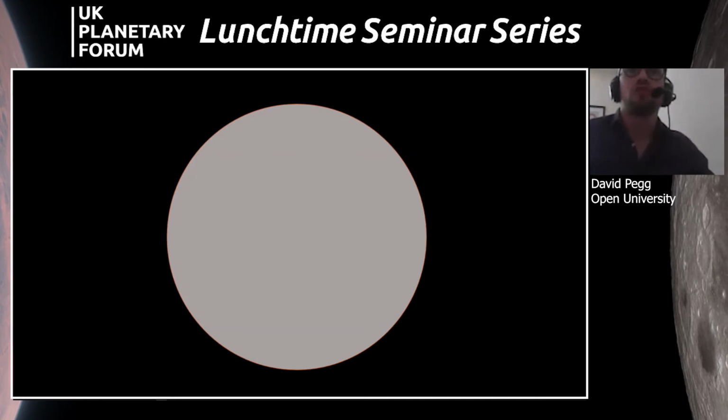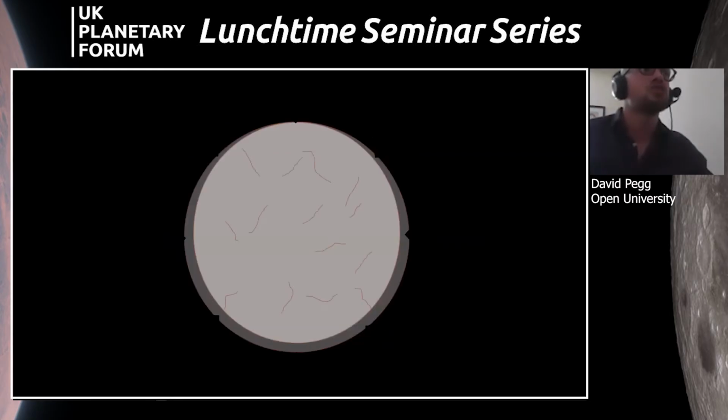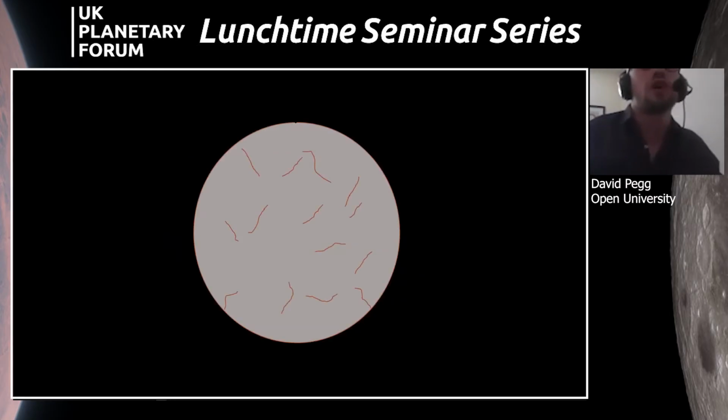And if you've got the rocky outer crust, the hard part on the surface, it's got to accommodate that shrinking. And it can't do that any other way than cracking and generating faults. And so the surface of Mercury is covered in these lobate scarps, these cliffs, generated by shrinking and cooling.